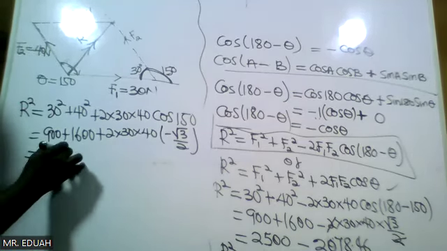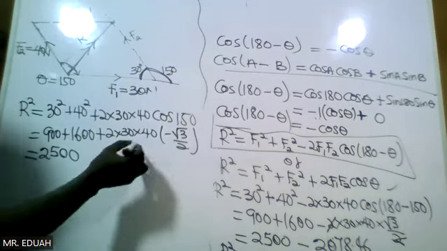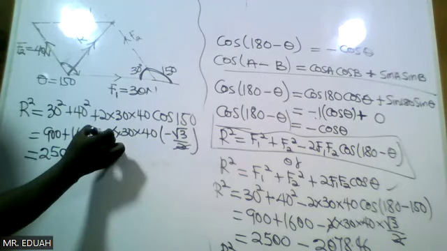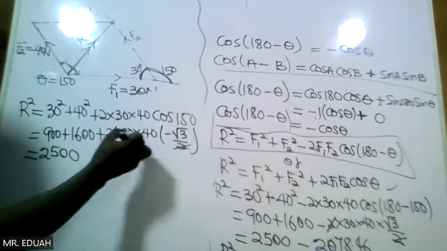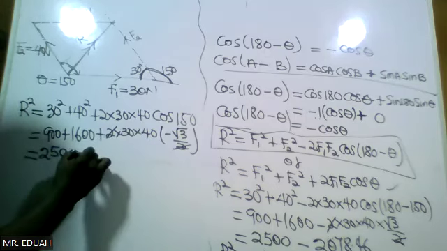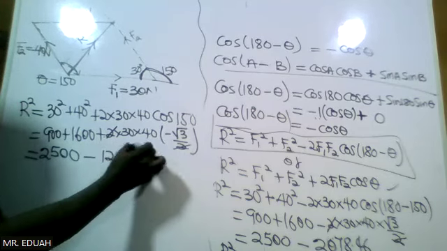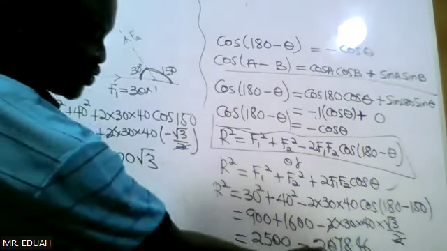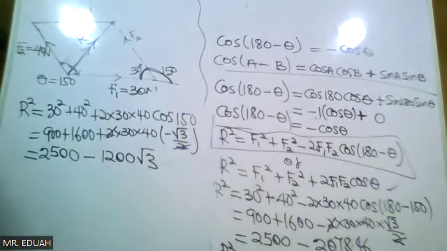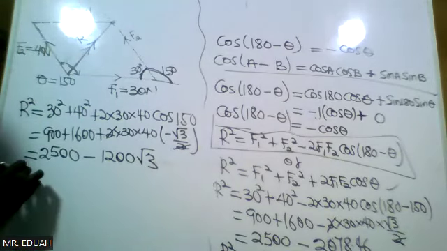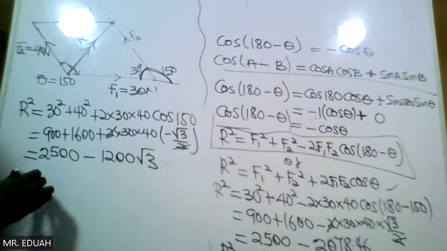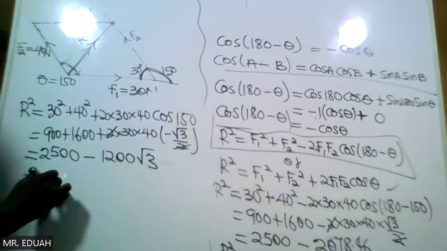Yes. So this and this will cancel, but we'll have positive negative. So minus 1200 root 3. It brings us back to the same thing, confirming that both situations would give you the same results.